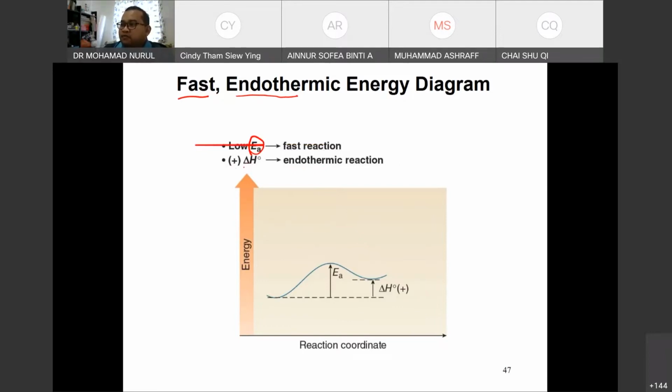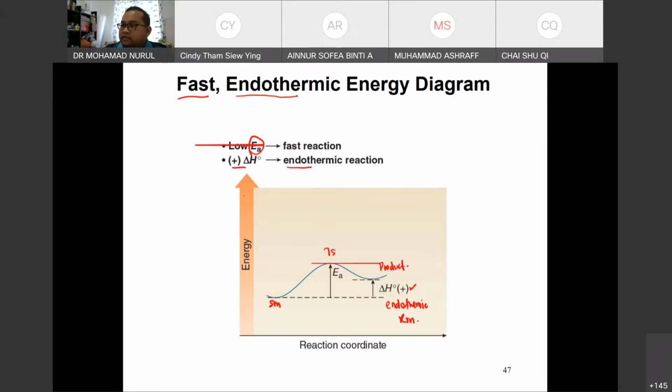The positive value of delta H means an endothermic reaction. Again, don't forget, this is the starting material from left to right: starting material, transition state, product.